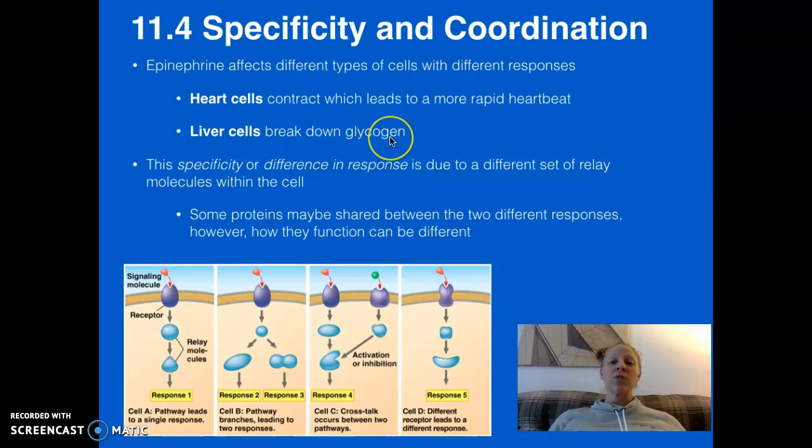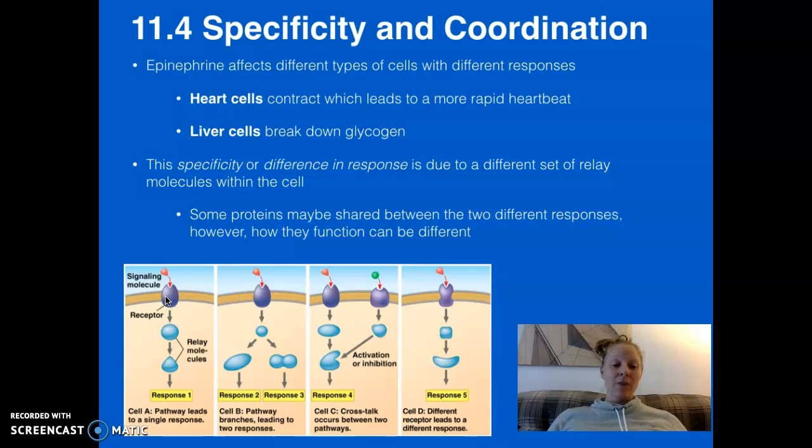So these are specific responses. When we are talking about coordination, the signaling molecules can have different effects even within the cell, and this is going to allow for multiple things to happen at once, to coordinate responses that you want to have happen at the same time.